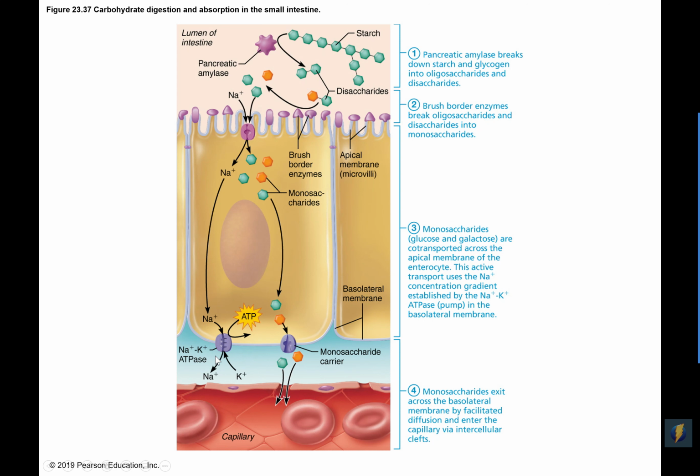That's going to pump sodium out of the intestinal cell constantly. That creates a lower concentration of sodium inside the cell than in the lumen of the intestine. So sodium then uses a transport protein to diffuse down its concentration gradient, and that brings the monosaccharides with it. We then use another carrier protein to absorb those monosaccharides ultimately into the capillary.